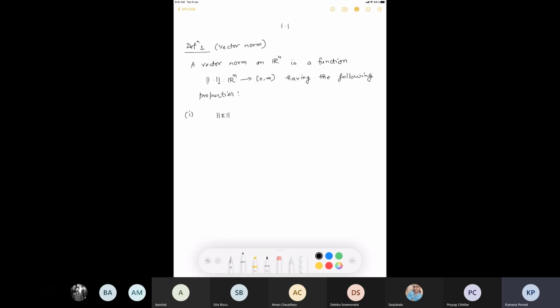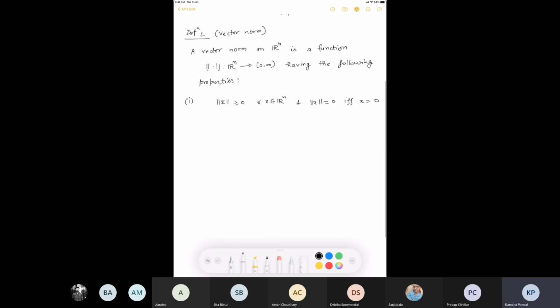But a function which satisfies all these properties is called a norm. But since I have to use this parallel line notation, let me just call it the norm itself. The norm of x has to be greater than or equal to 0 for all x in Rn, right? And if this is equal to 0, this is possible if and only if x is equal to 0, right? If the norm of x is equal to 0, then x has to be 0, or the other way around, if x is equal to 0, then the norm of x will be 0. This is the first property.